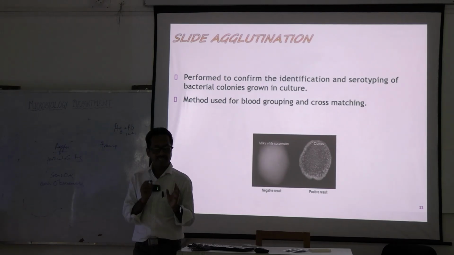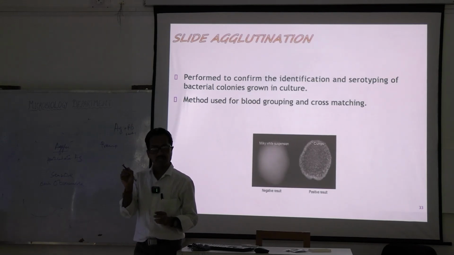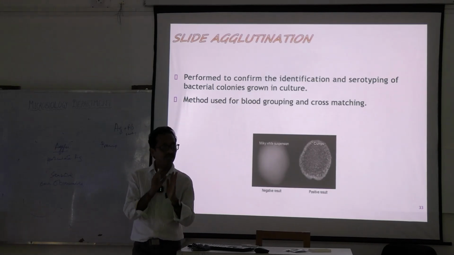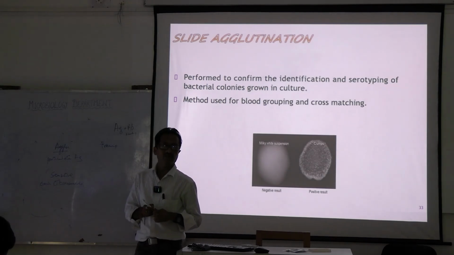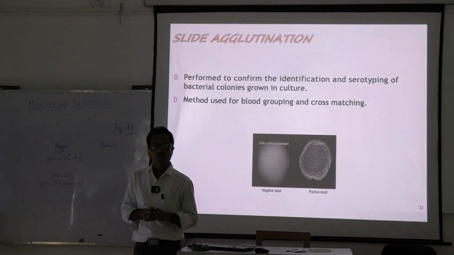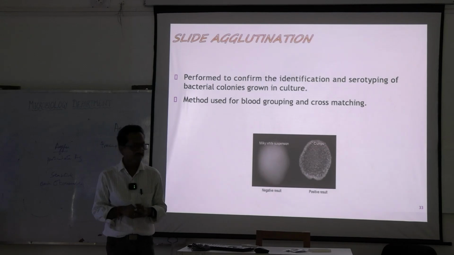Those two antisera are mixed with the cholera strain, that is the bacterial colony, and that is also an agglutination reaction. So specific antisera you can purchase, and we can mix the antisera with the bacterial colony to see if an agglutination reaction takes place. That is another example of agglutination reaction.